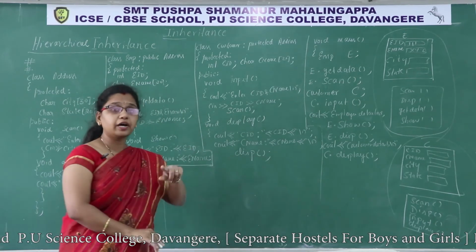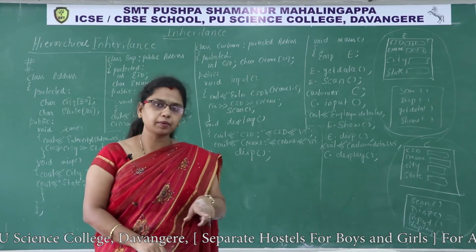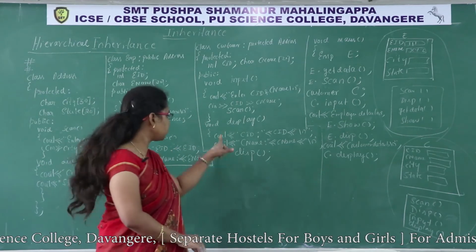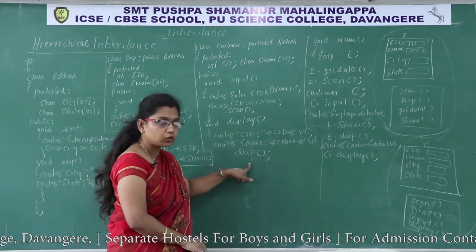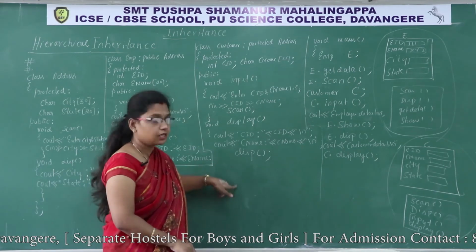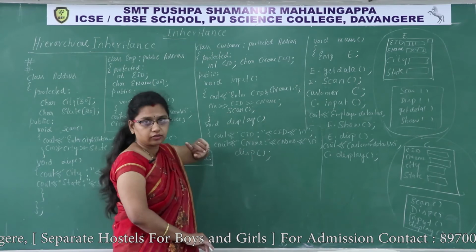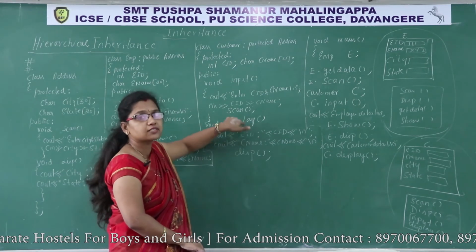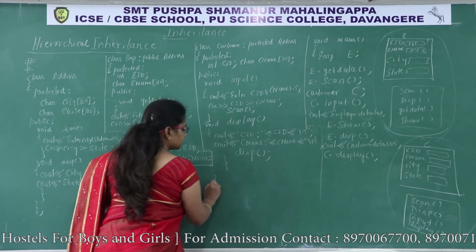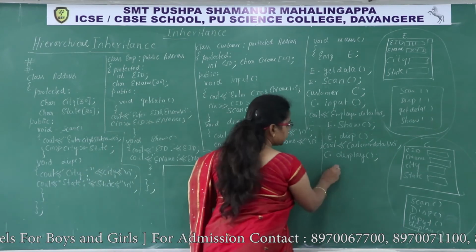When you call one member function from another member function, you should not use the object and dot operator. Understood? Because disp is also a member function of this class, but it is in the protected section. A protected member is accessed through a member function of this class. Get CH.